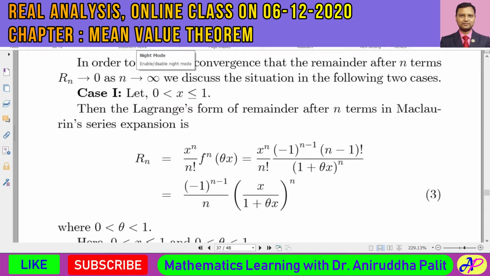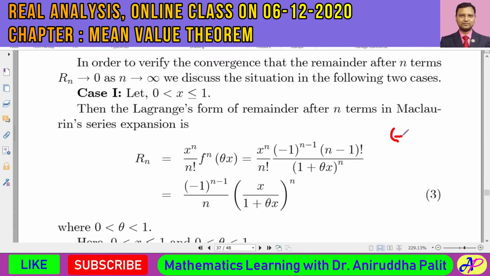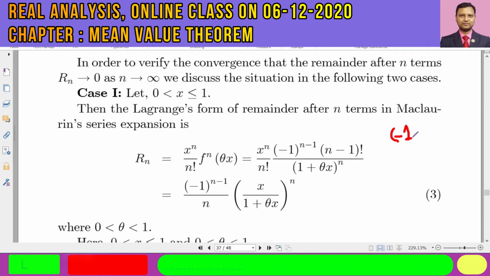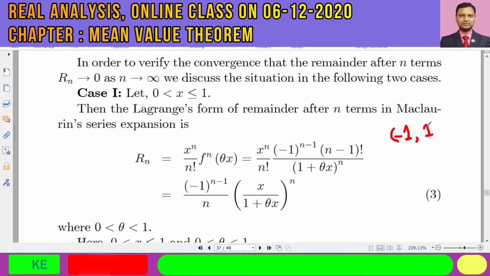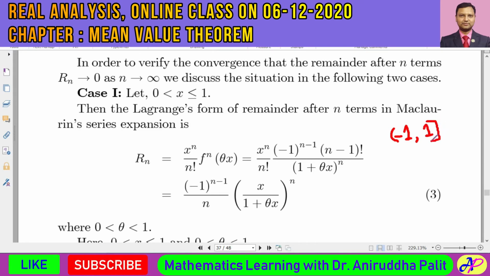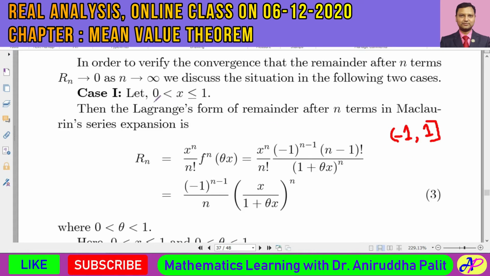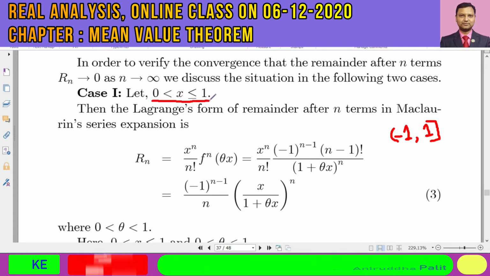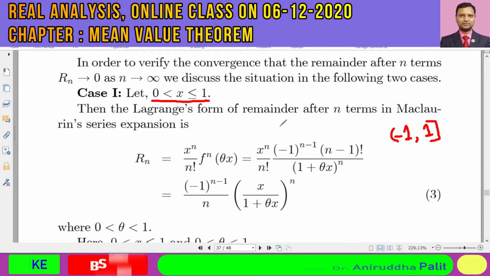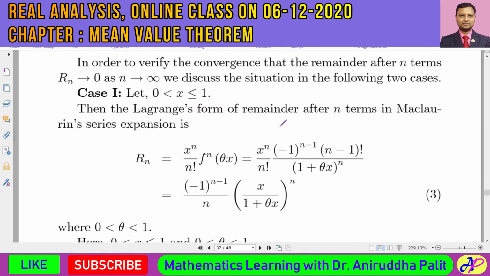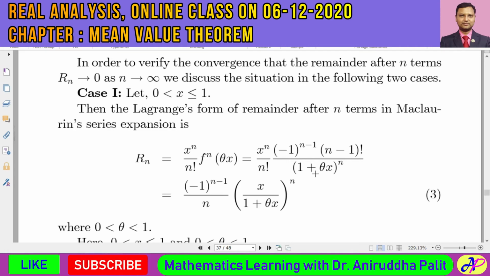Over here the interval should look like this: the semi-open interval (-1, 1]. Okay, and in the first case we are considering this kind of semi-open interval: 0 less than x less than or equal to 1.